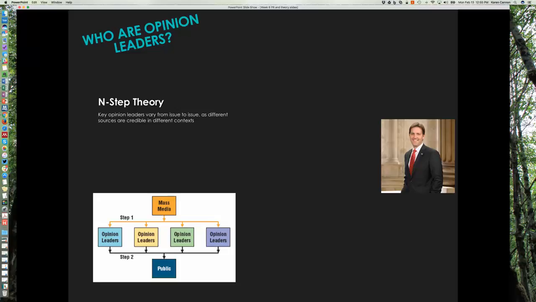There's also this idea of the N-step theory, and that is different in that opinion leadership differs based on what the particular topic is. So a first example here is a photograph of Ben Sasse, who's one of the U.S. senators from the state of Nebraska.